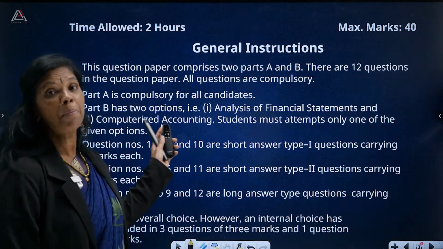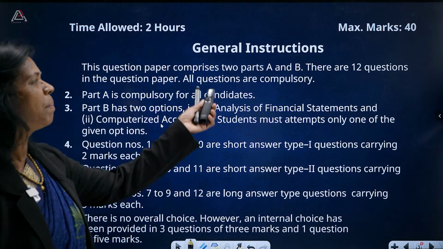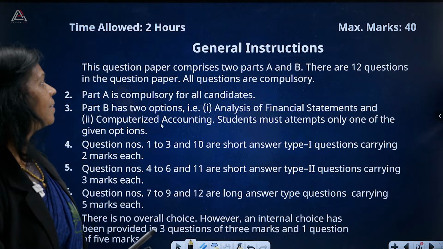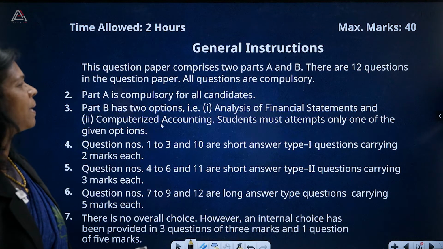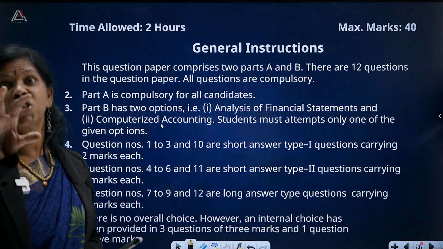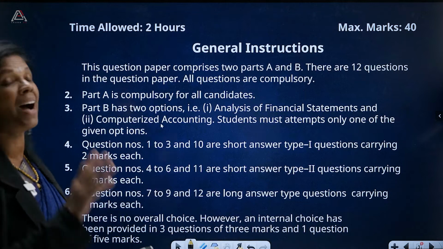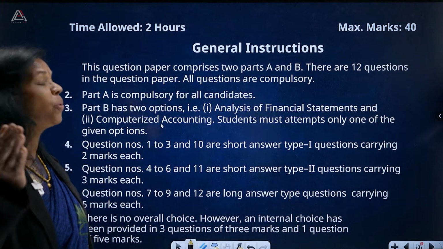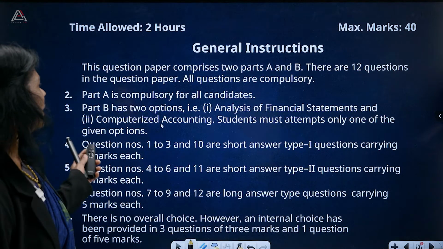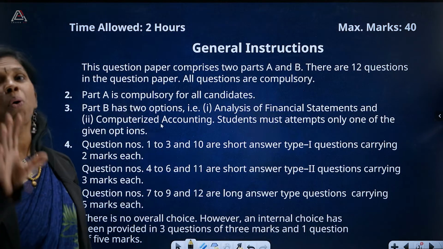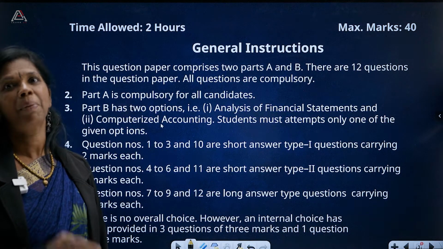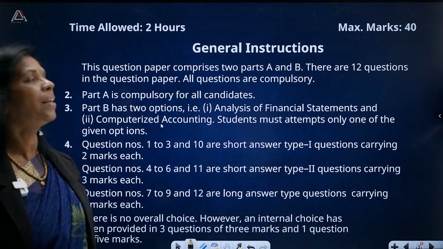See, time allowed is 2 hours, maximum marks 40. See, general instructions: this paper consists of 2 parts, part A and part B. Then how many questions? 12 questions. Part A is compulsory for all candidates.